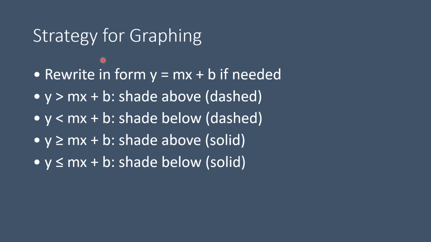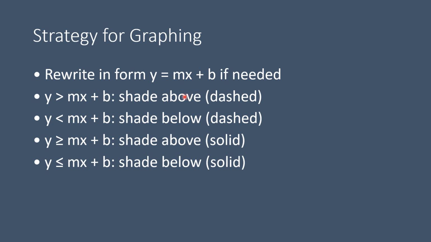Then let's look at the strategy for the graphing. If we want to solve a linear inequality of a particular line, we can use the graphing approach. But what strategy are we going to use for the graphing? The first point is we should rewrite the expression, which is now in inequality form, to be in the form y equals mx plus b.